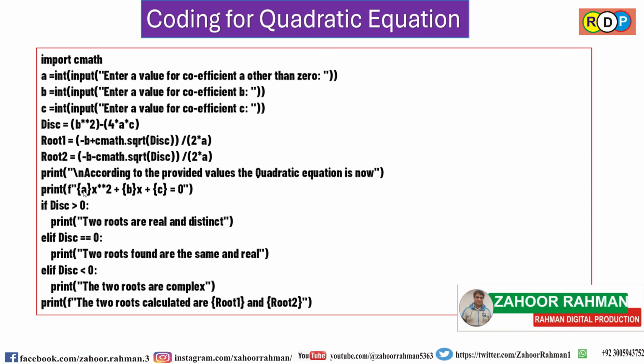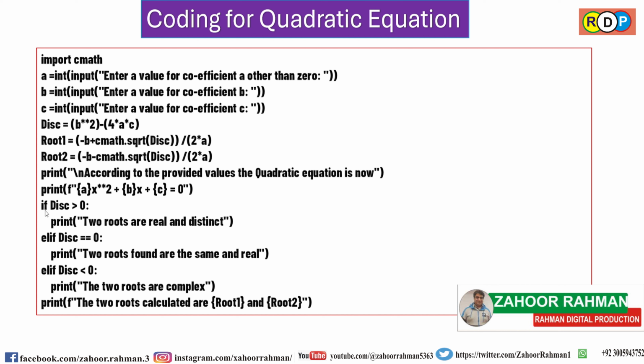So if I give 2 for a, it will be 2x square, plus 3 for b, it will be 3x, plus 4 for c, so it will be 4 is equal to 0.